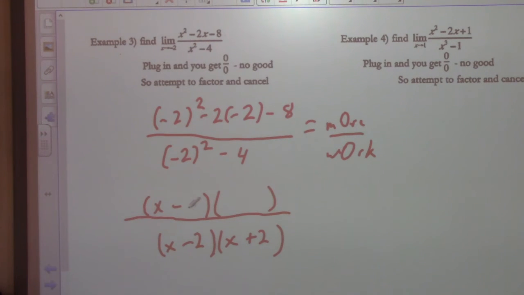So x minus 4, x plus 2. Let's check that. That's going to be negative 4x plus 2x. Yeah, so I think this is right.